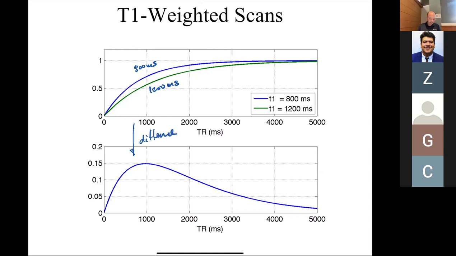I notice that difference is maximized around TR of 1000, okay? And so a good rule of thumb is that if I have two tissues with different T1s, like 800 and 1200, all things being equal, like proton density being equal, then somewhere in between those T1s is going to be the one that gives you the most contrast.